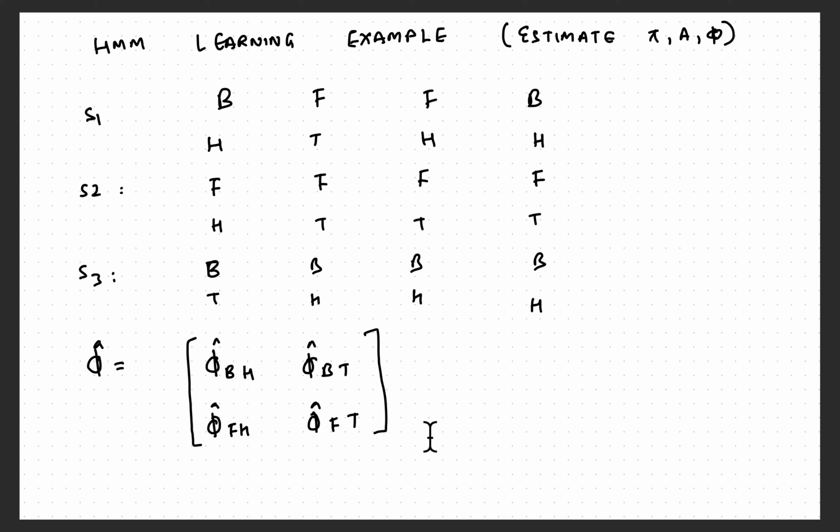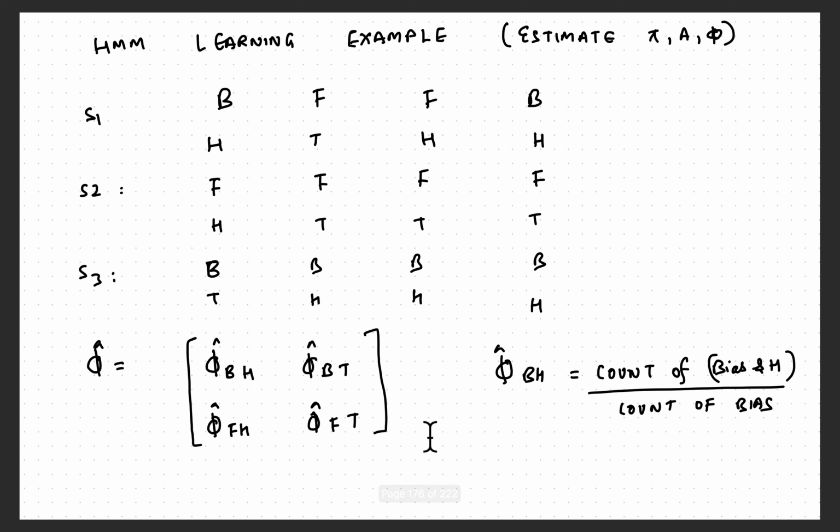So in total, we'll be having 4 parameters that we want to learn here. Phi hat of BH, observing H when you're in the bias state, observing tail when you're in the bias state, which is phi hat of BT, and similarly phi hat of FH and phi hat of FT. Right. Could you think for a minute and tell what phi hat of BH would be?